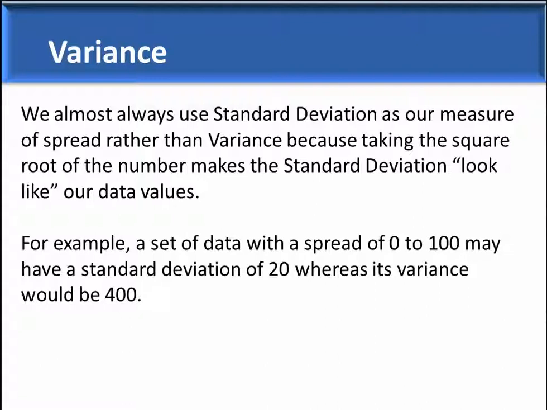If we have a set of data that spreads from 0 to 100, the standard deviation of that set of data could be 20, which means that most of the values fall within 20 of the mean. So say the mean was right at 50, it would mean that most of the data values fell between 30 and 70. However, the variance of that data set, which is the square of the standard deviation, is 400. 400 is not really a number related to that 0 to 100 spread, so that makes it a little less easy to compare to the exact set of data.